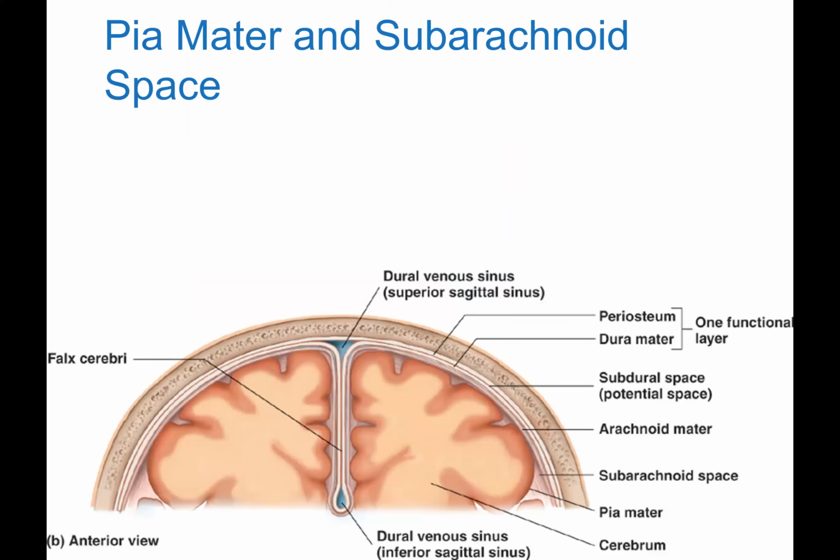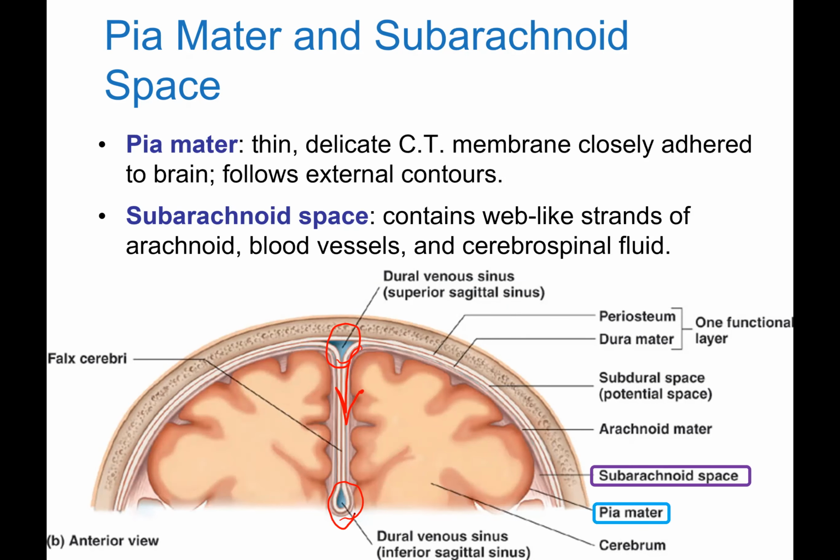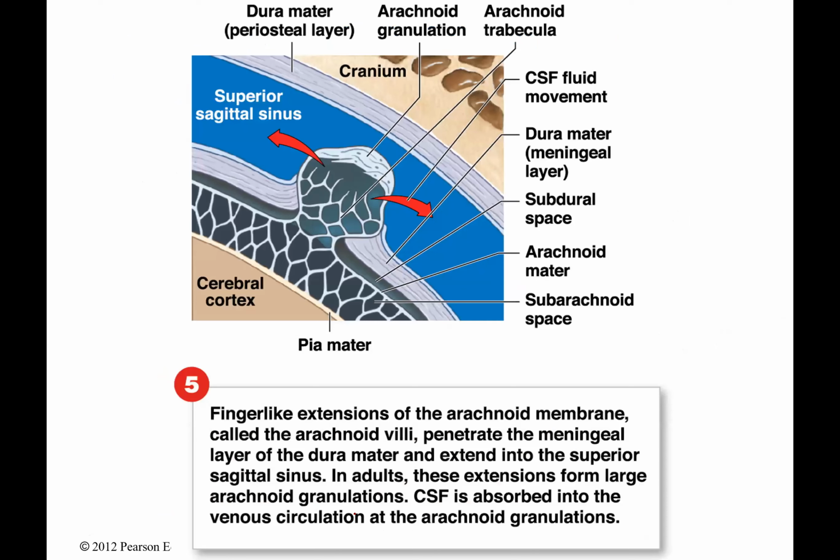Remember when we talked about the dural venous sinus, which is formed when the dura mater folds inwards. The venous sinuses are areas where fluid collects. In these sinuses, you have extensions from the arachnoid mater called arachnoid villi. They penetrate into the dura mater layer, into the superior sagittal sinus.